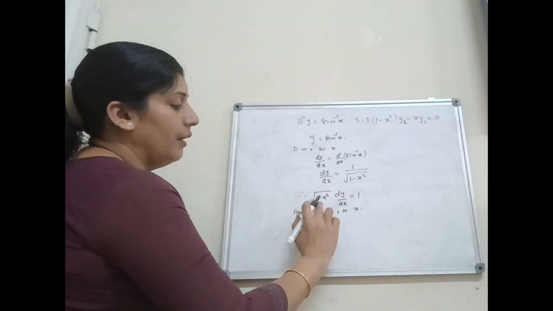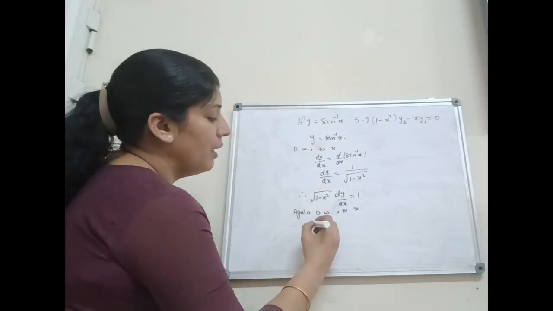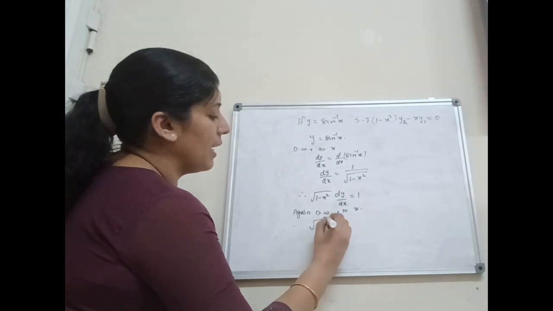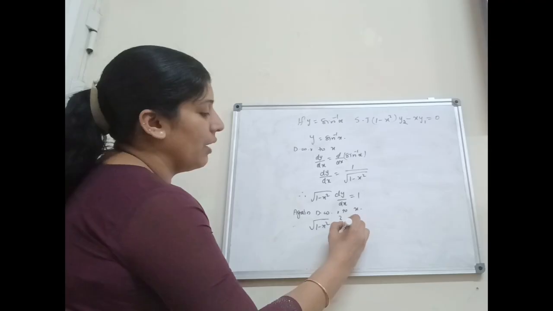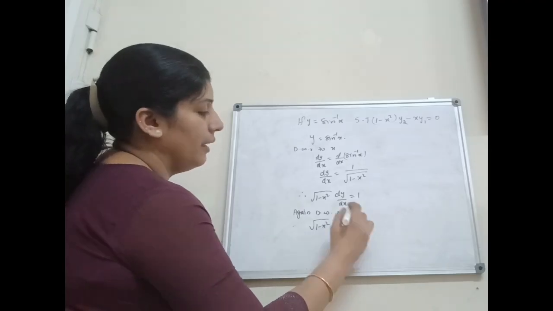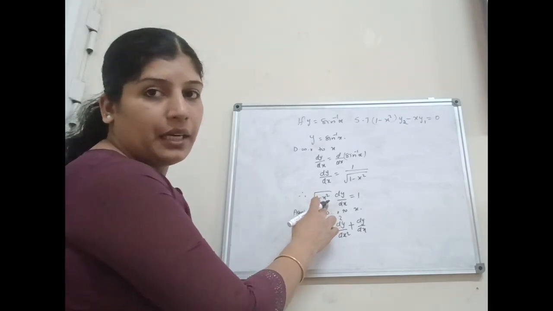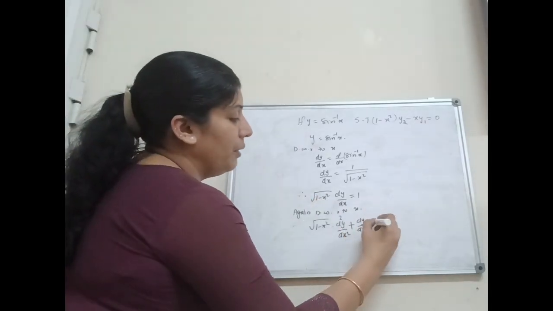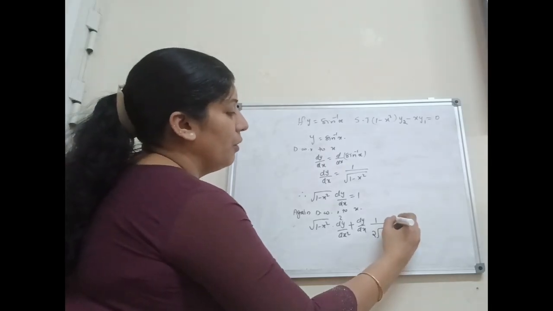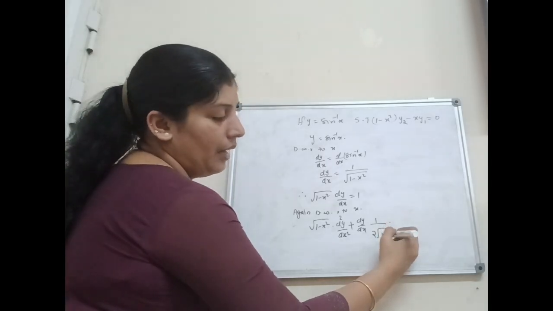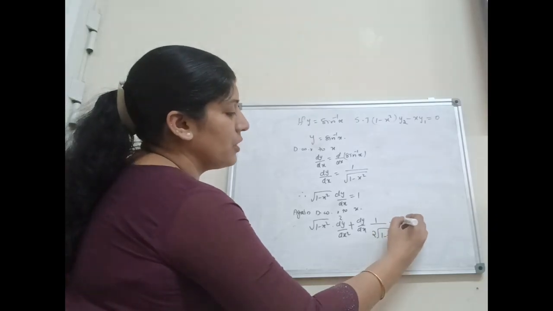Now here, the first function is root of 1 minus x square. The second function is dy by dx. Therefore, the first function root of 1 minus x square into d by dx of dy by dx, that is d square y by dx square, plus next dy by dx into d by dx of root of 1 minus x square, that is 1 by 2 into root of 1 minus x square into d by dx of 1 minus x square, that is minus 2x.